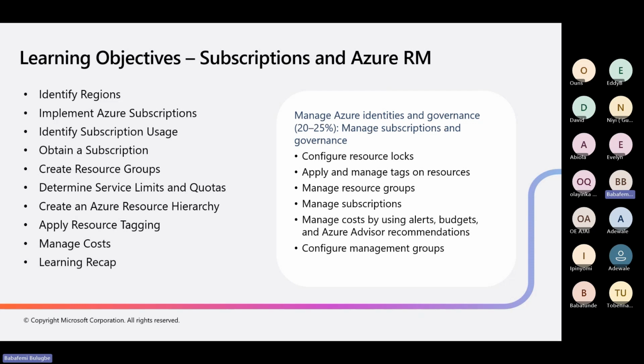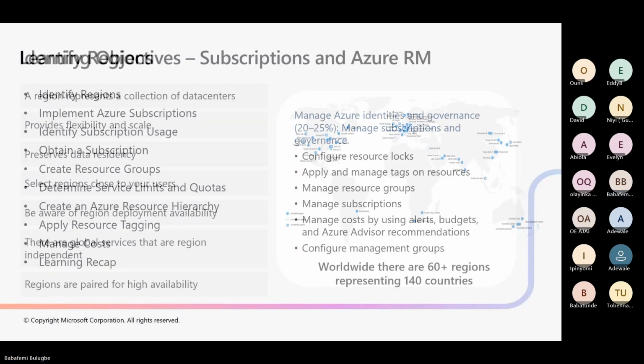So this is about service limits and quotas. Then we'll look at the Azure resource hierarchy, which we've discussed under the Fundamentals course, then how to apply resource tagging. You can see that almost all these things have been discussed previously. Then manage cost. Then we can take a look at a recap of all these things.